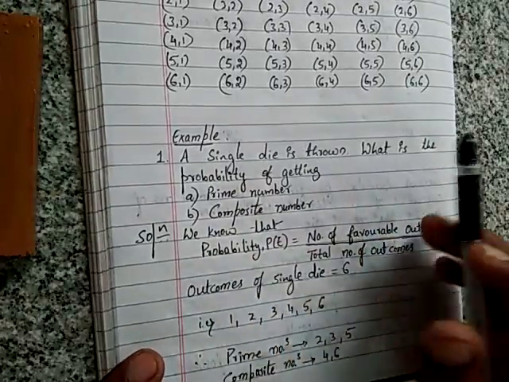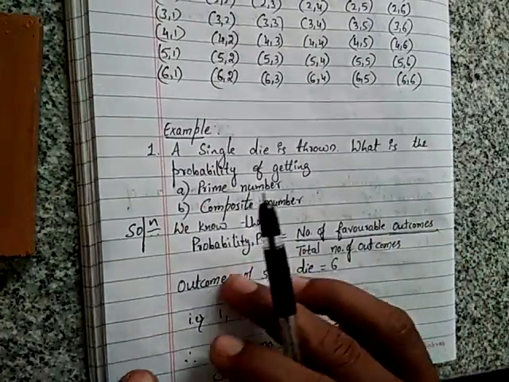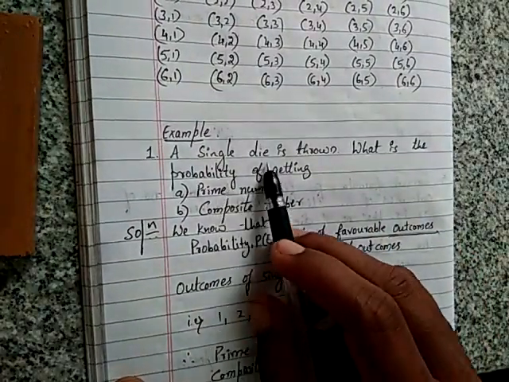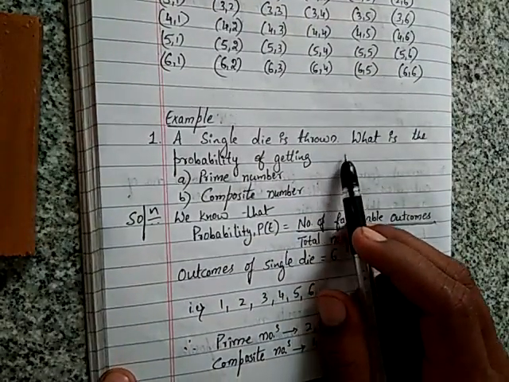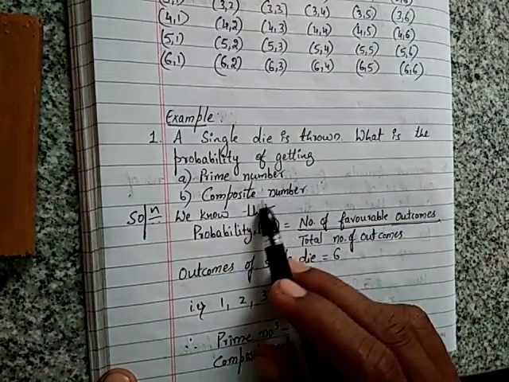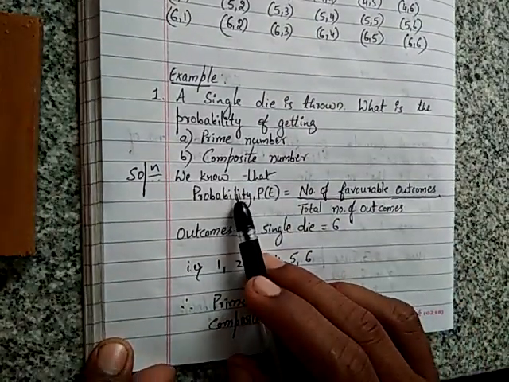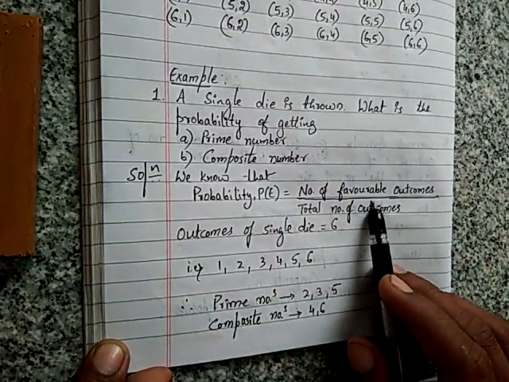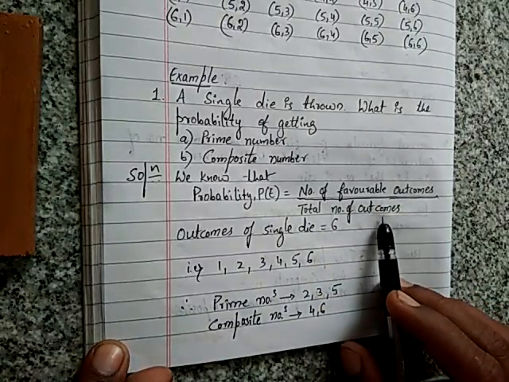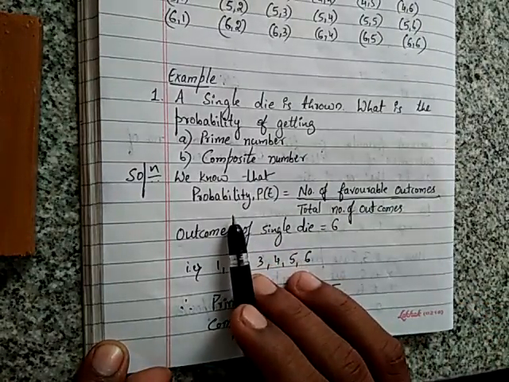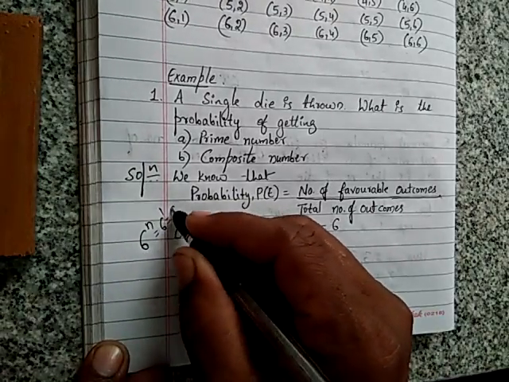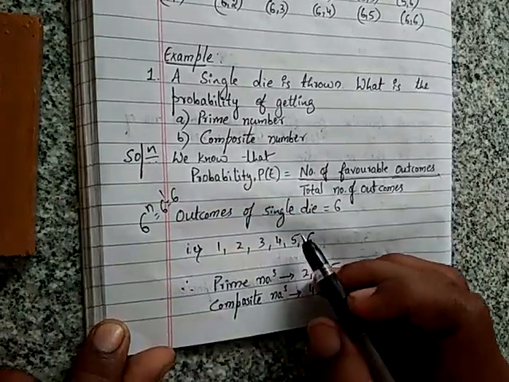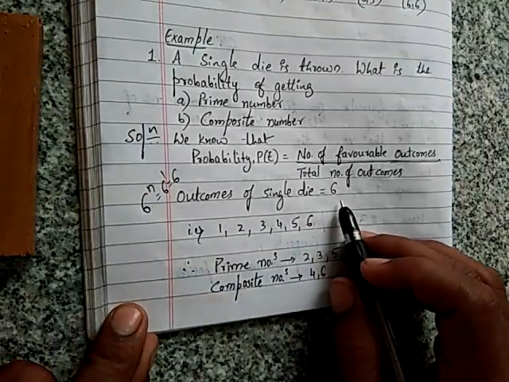Okay, one example I will consider to help you understand. A single die is thrown. Single die means only one die is thrown. What is the probability of getting a prime number and a composite number? Already we know that probability P(E) is equal to the number of favorable outcomes divided by the total number of outcomes. For a single die, as we learned, the formula is 6 to the power n, that is 6 to the power 1, which is 6.